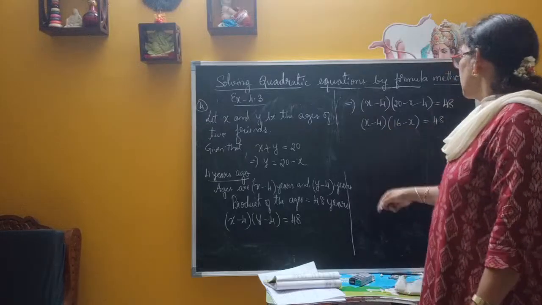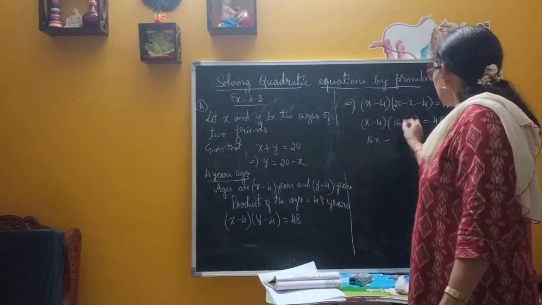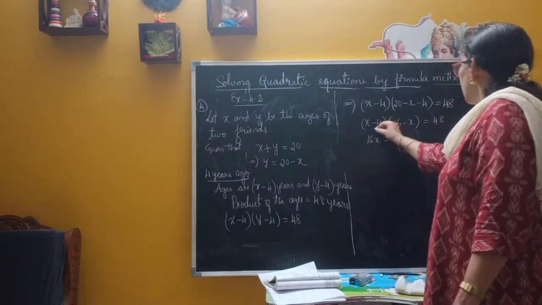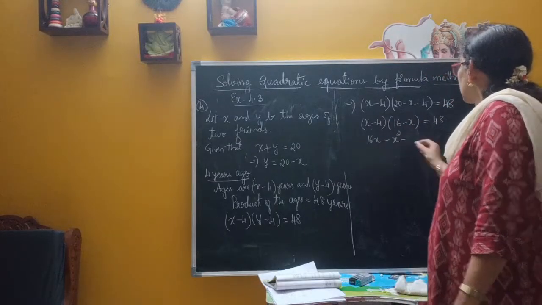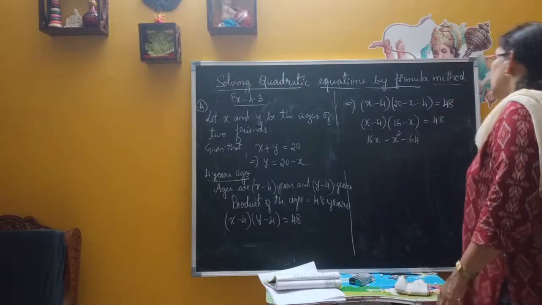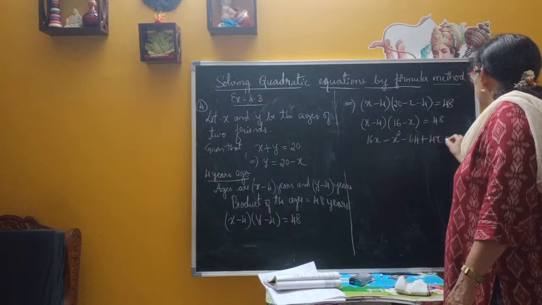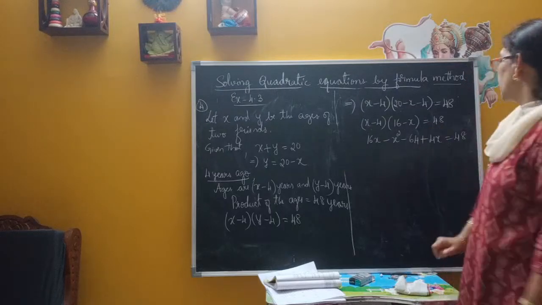Let us multiply. x into 16, 16x, minus x into x, x square, minus 4 into 16, 64, minus into minus plus, 4 into x is 4x, is equal to 48.